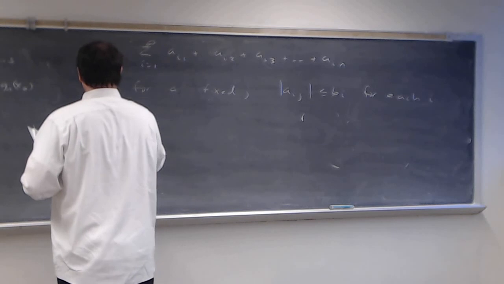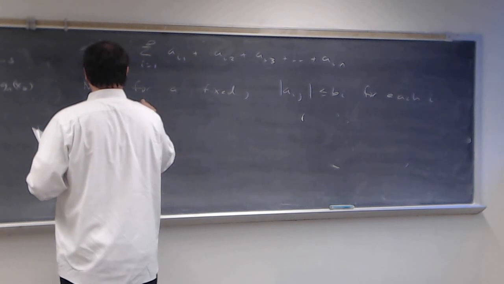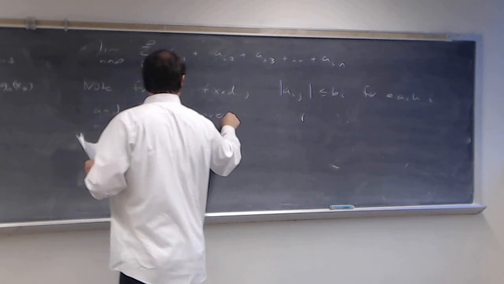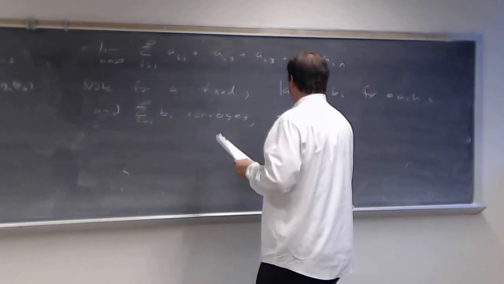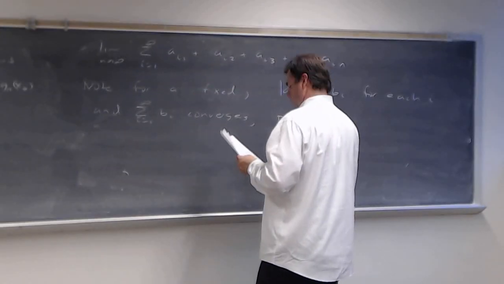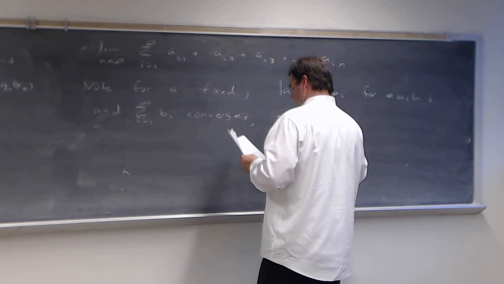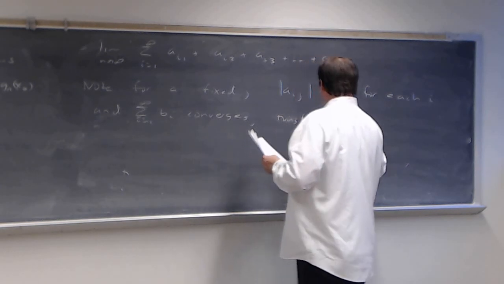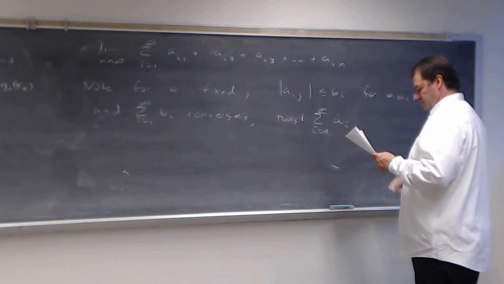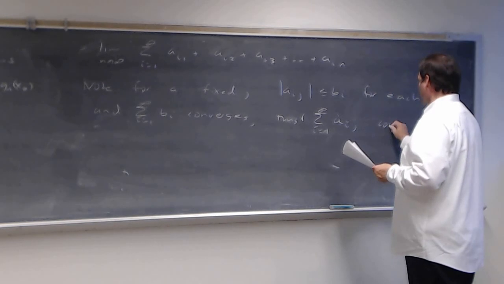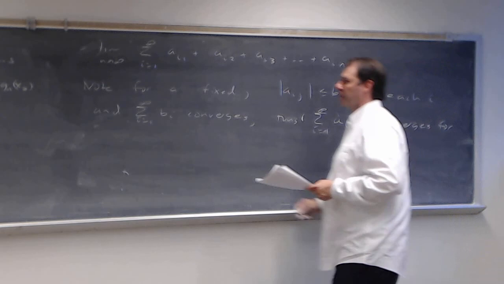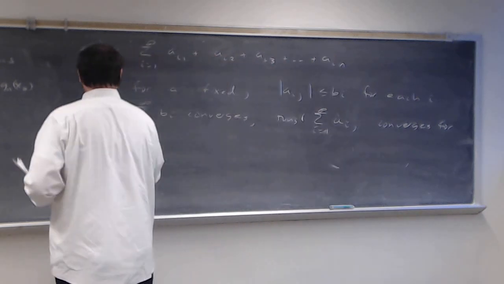And the sum as i runs from 1 to infinity of b sub i converges. Thus, that gives us that the sum as i runs from 1 to infinity of a sub ij, okay, converges for each fixed j.